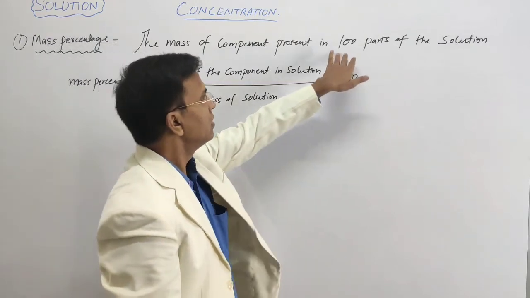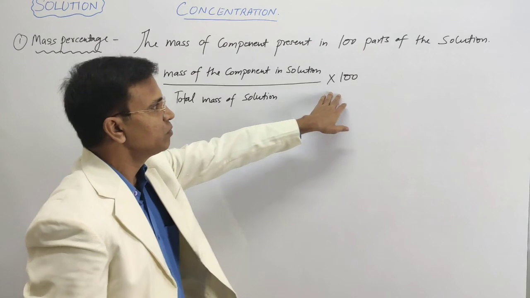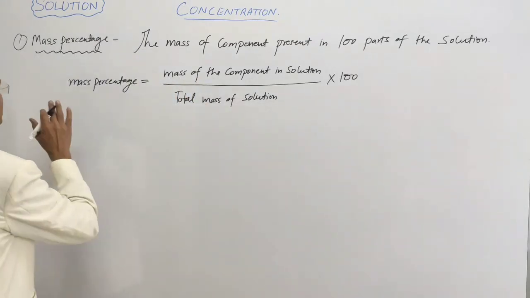Because we are finding the parts of the component in 100 parts of the solution, that's why we have to multiply with 100.